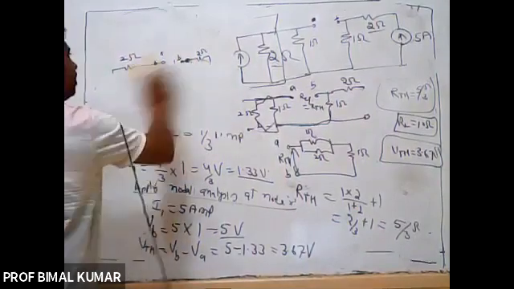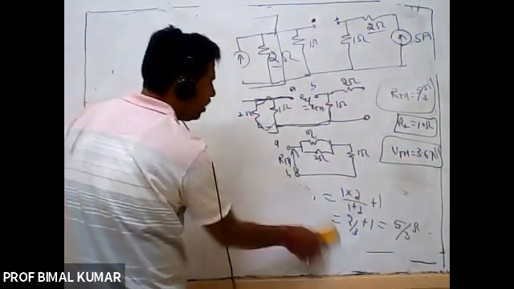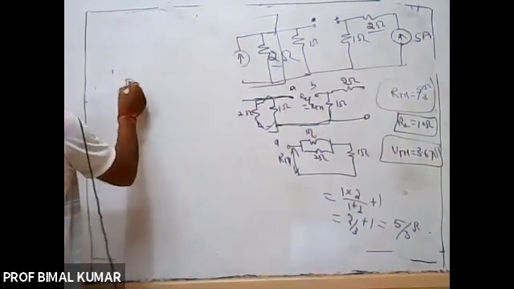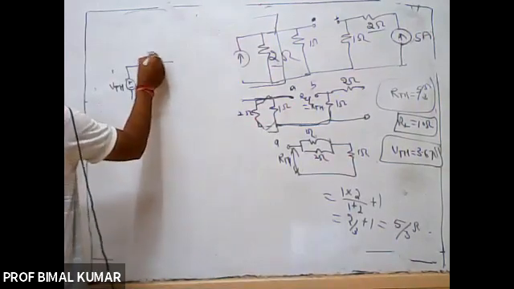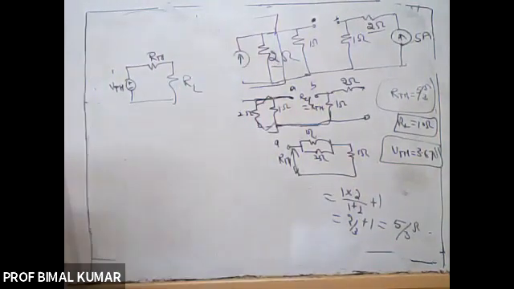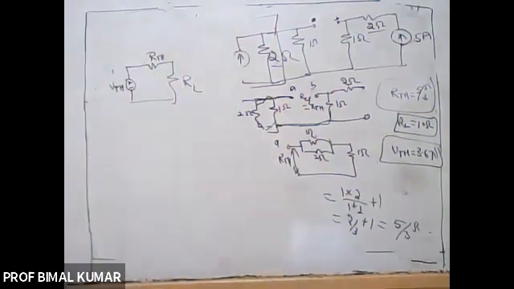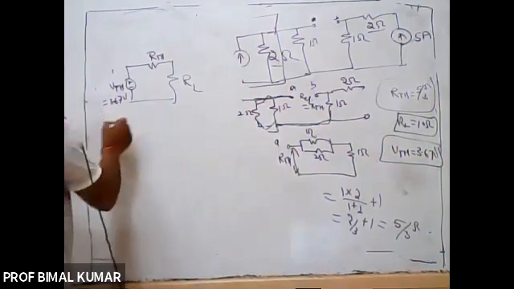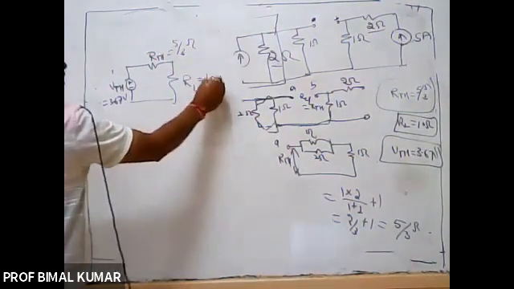Now make the Thevenin equivalent network. The Thevenin equivalent network will consist of VTH, RTH, and RL, right? So VTH will be 3.67 volt, RTH will be 5 by 3 ohm, and RL will be 10 ohm.